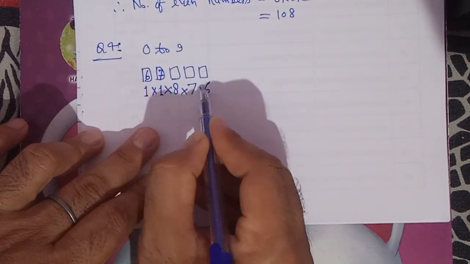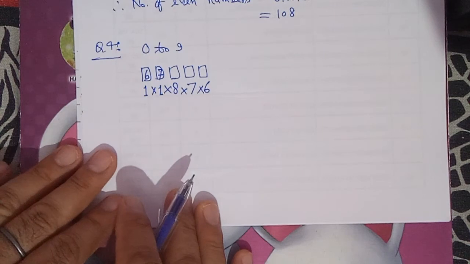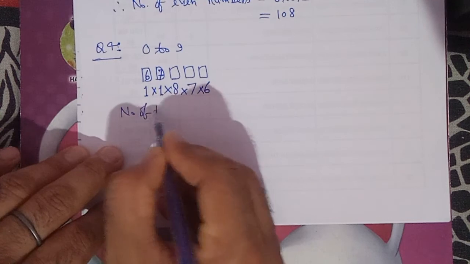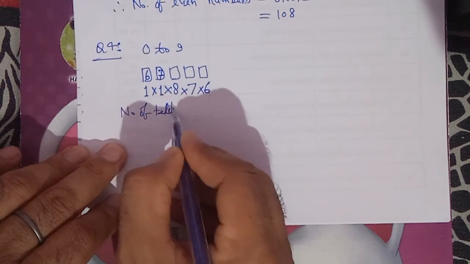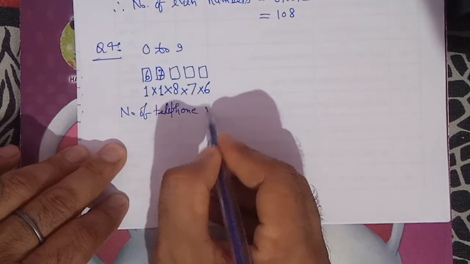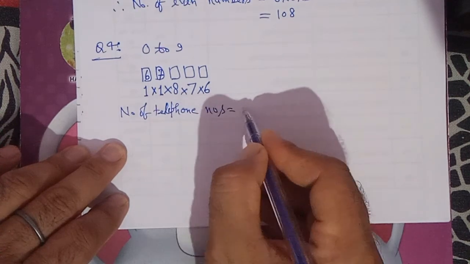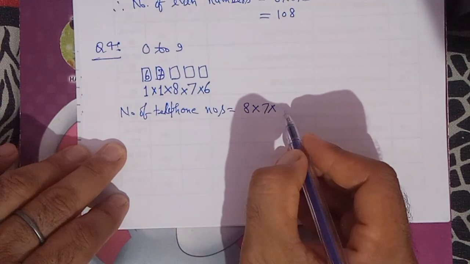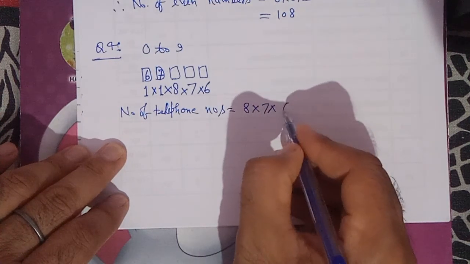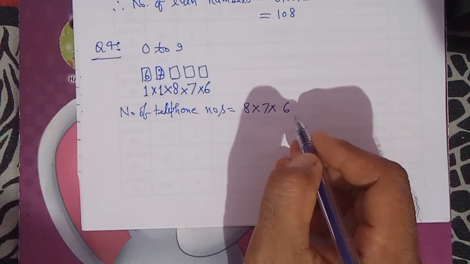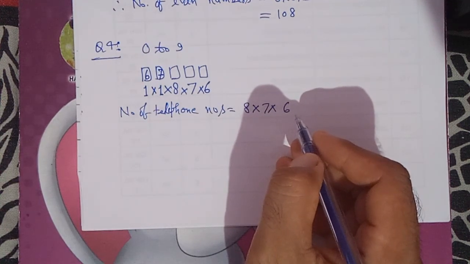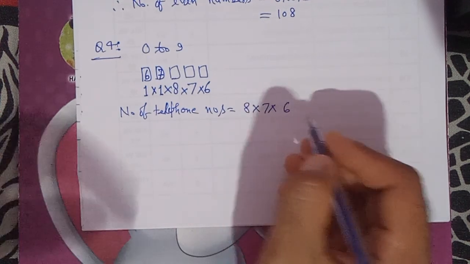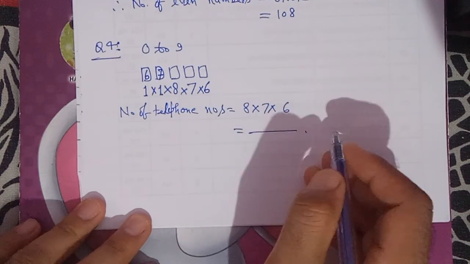So the total number of numbers of this kind, so the number of telephone numbers, equals 8 into 7 into 6. This is your answer. Thank you.